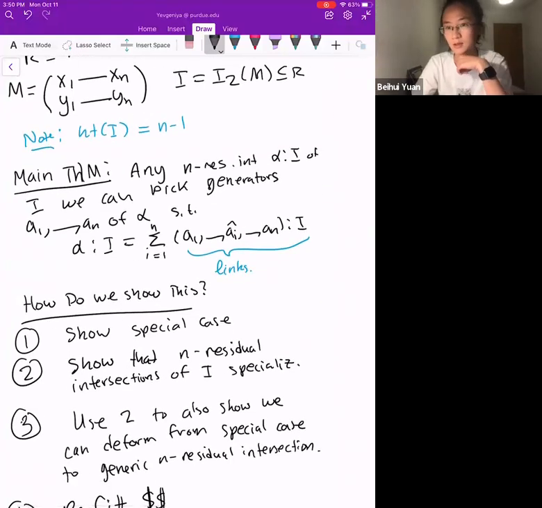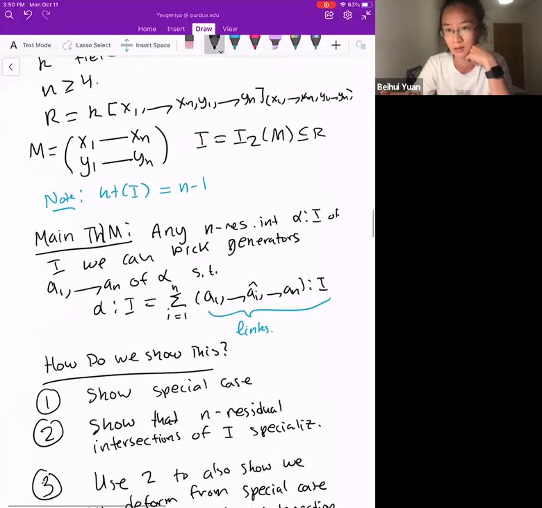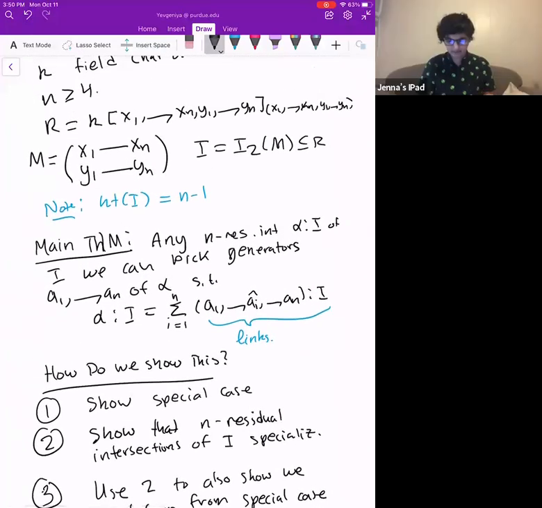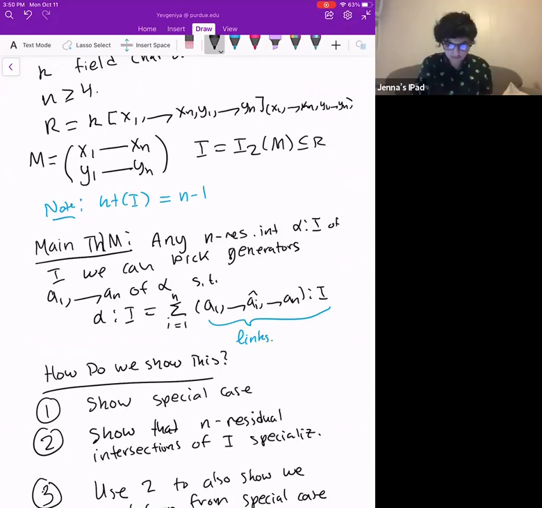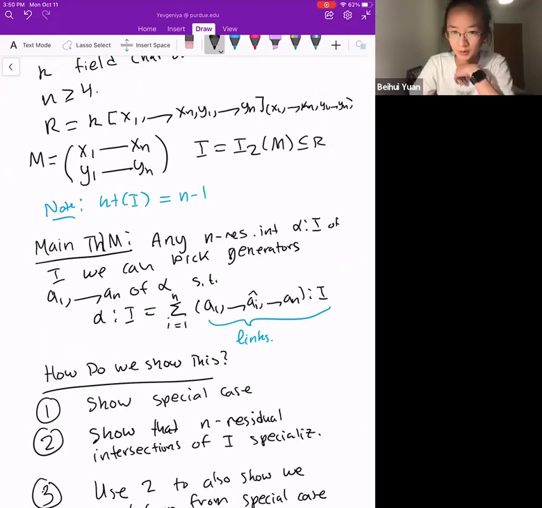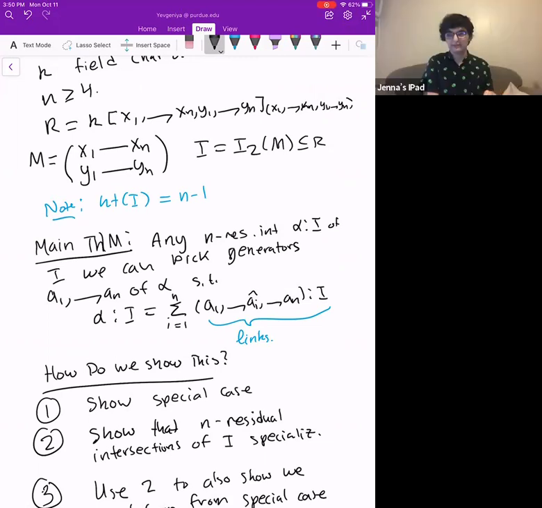So in this case, it generates a complete intersection, right? Do you mean alpha generates a complete intersection or alpha colon I? Because neither of them are. Alpha colon I, because alpha is a regular sequence. No, it's not a regular sequence. I think it's an almost complete intersection. Yeah, alpha is an almost complete intersection.